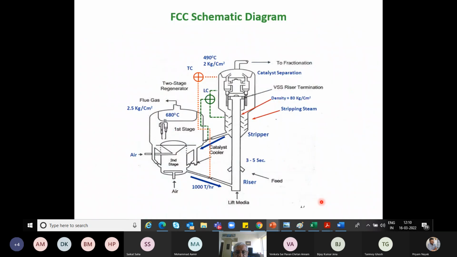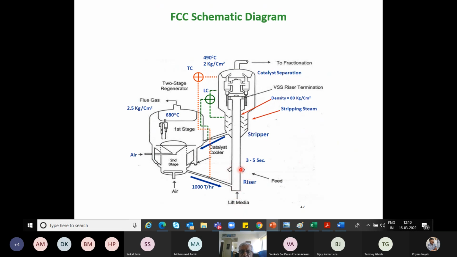So this is what we discussed. To get into some of the further details regarding the reactor regenerator section, this diagram shows the lift steam that we talked about. In fact, some operators use other than steam, like coker naphtha, etc., so that they get more conversion and more yields.